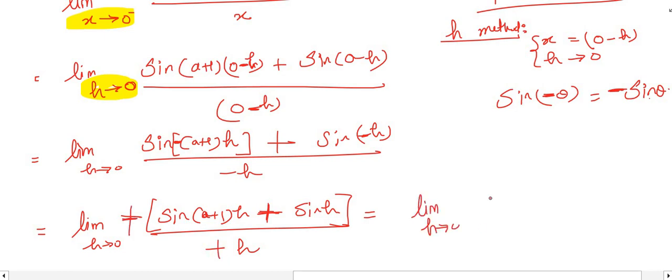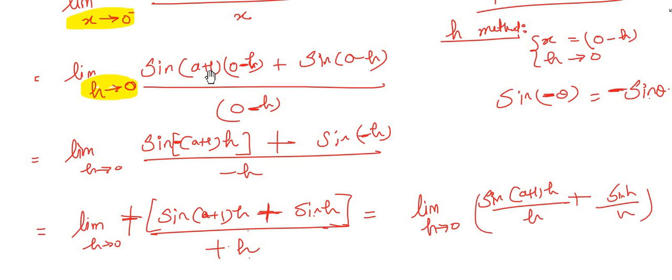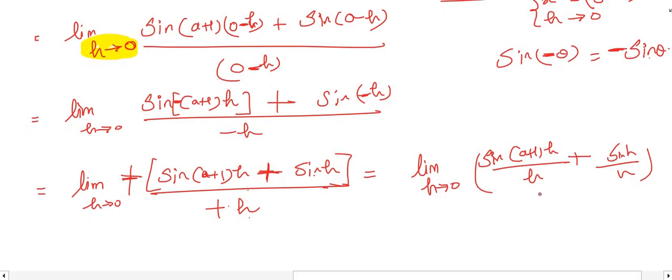Now we can split it. Sine of (a plus 1)h by h plus, we can split it, correct? And this by this, so it will be sine h by h. So whenever we have this, the limit goes to both this also and this also. The limit will go to both.